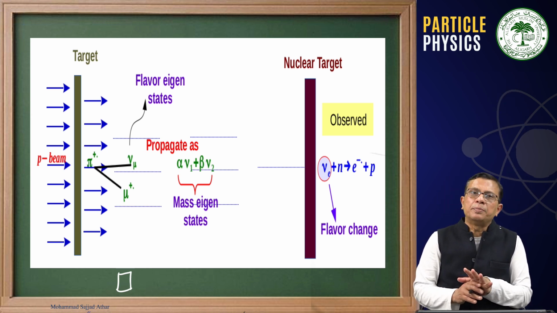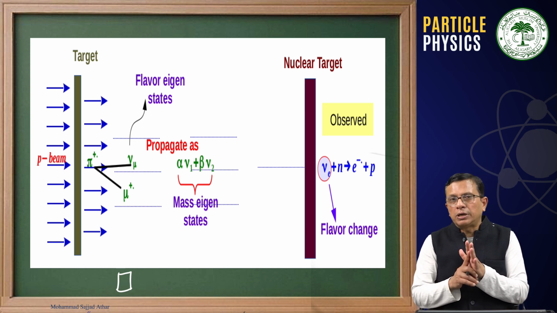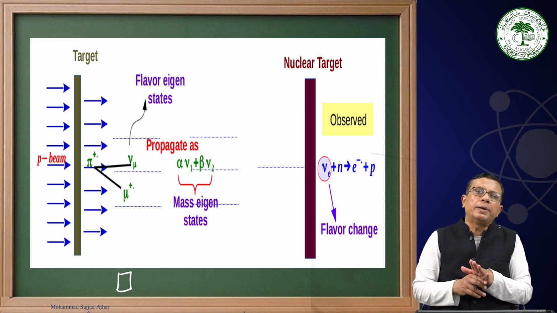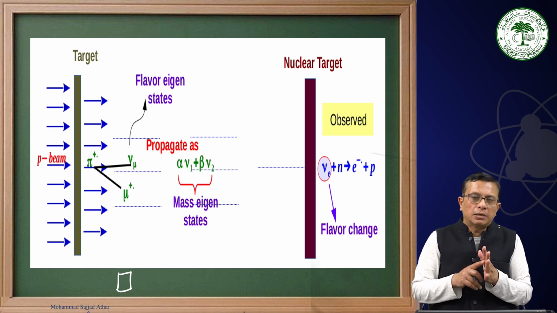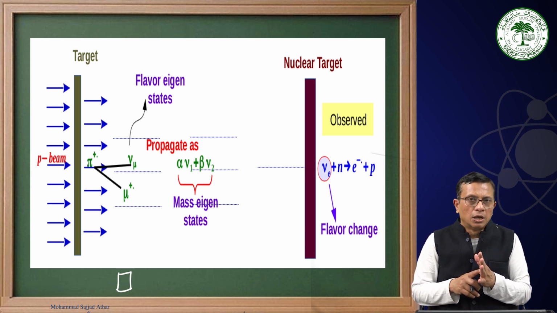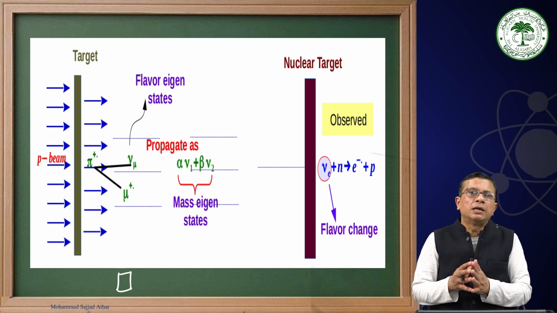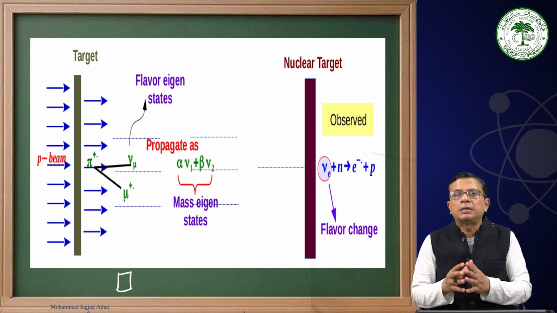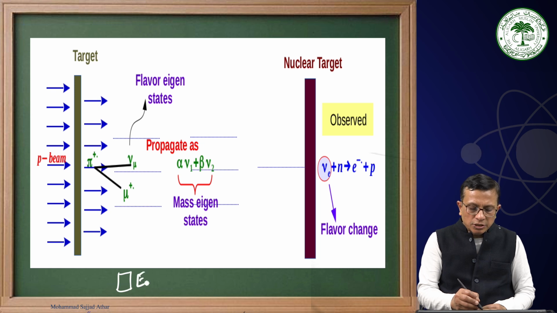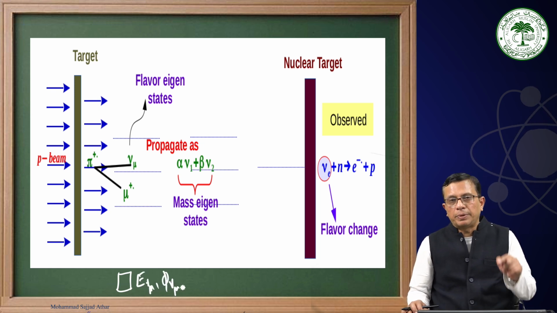We measure the muon energy, and we measure at what angle these muons are coming. From there we determine the energy of the neutrinos and how many events we are seeing. From there we determine the flux of neutrinos. Therefore, the energy and the flux of neutrinos are measured at the near detector site.